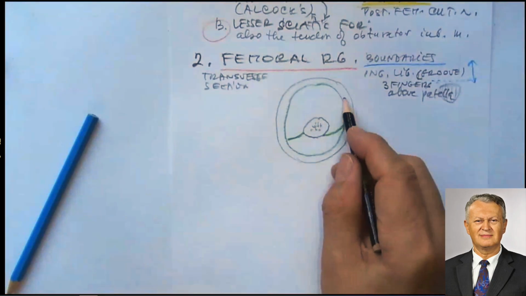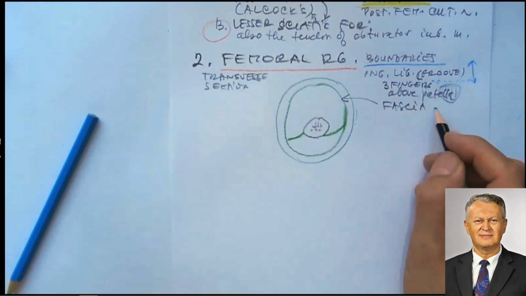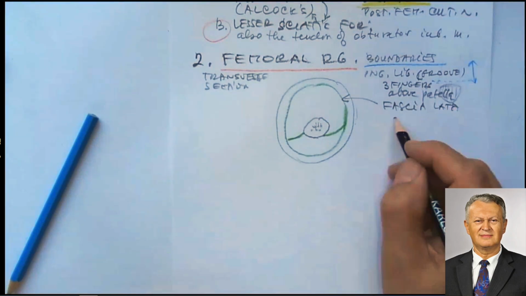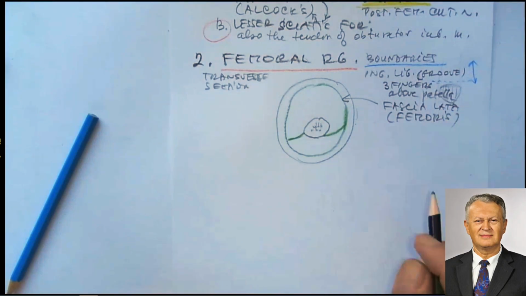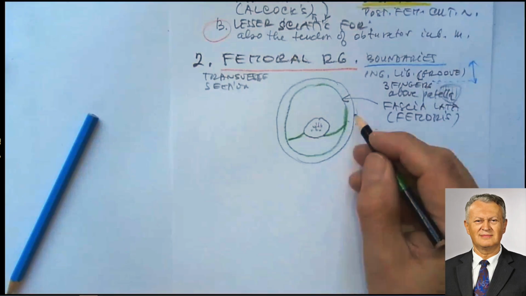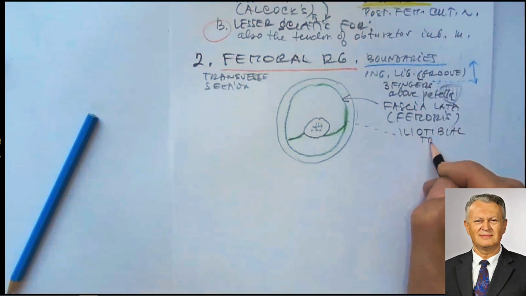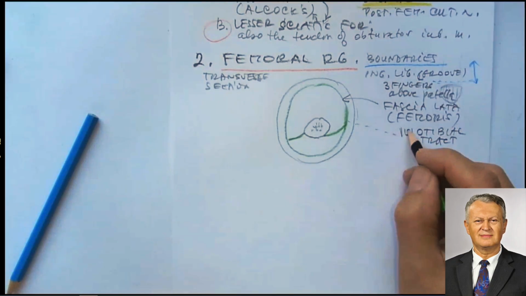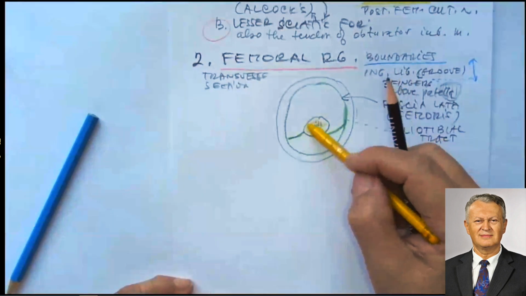We call it fascia lata, or fascia femoris, or femoral fascia. On the lateral side is the thickened portion, the iliotibial tract, correct. Femur, yellowish, why not?